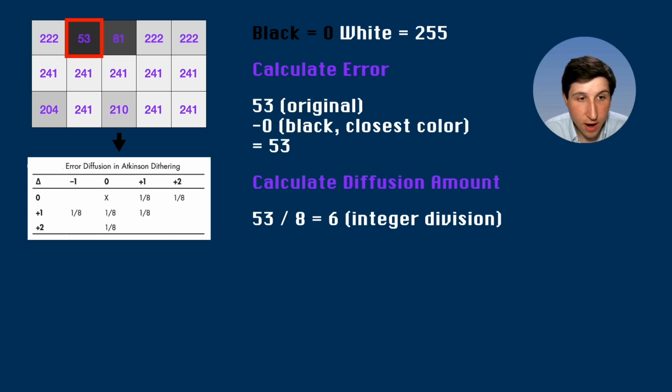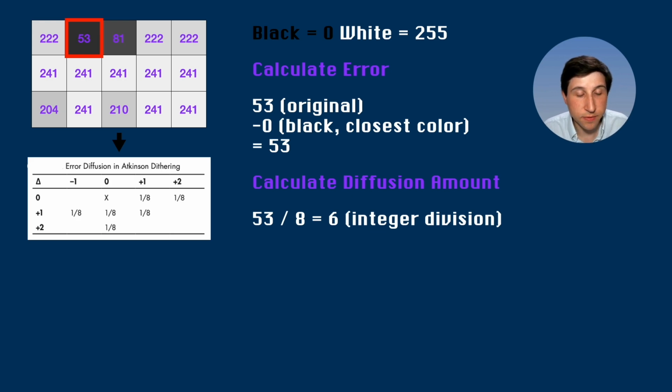How are we going to calculate the error? Well, our original pixel was 53. 53 is obviously closest to black at 0, much closer to black than it is to white at 255. So we just subtract to get the difference, and the difference is 53, obviously. 53 minus 0 is 53. And then how much are we going to diffuse? Well, in Atkinson dithering, we diffuse 1/8, so we take 53 divided by 8, and using integer division, where we cut off the decimal point, we end up with 6.